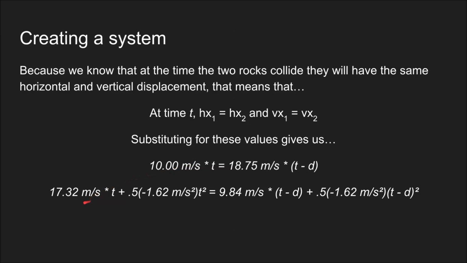That also means that 17.32 meters per second multiplied by time plus half of negative 1.62 meters per second squared times time squared is equal to 9.84 meters per second times time minus this delay plus 1/2 negative 1.62 meters per second squared multiplied by time minus the delay squared. And so you can see what we're doing is we are setting their displacement equations equal to each other because we know that they are the same.